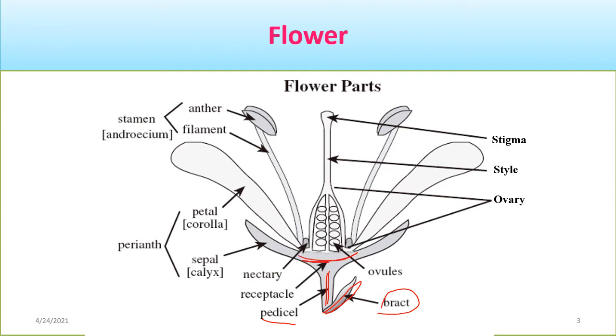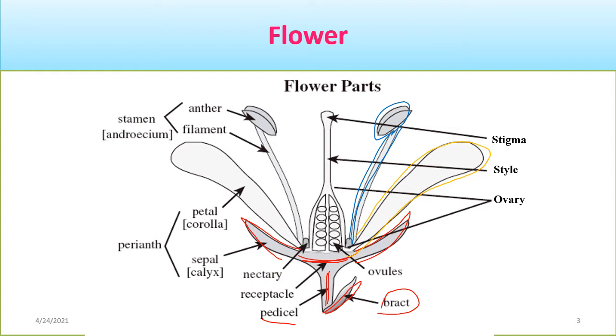This is called the thalamus. Then the first whorl of the flower is called the calyx. The second whorl of the flower is called the corolla. The third floral whorl is called the androecium.